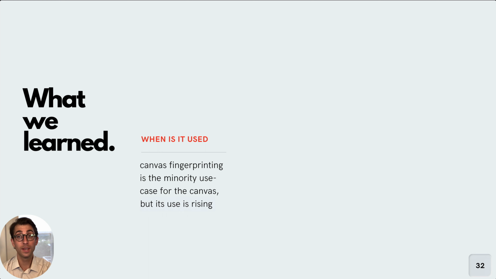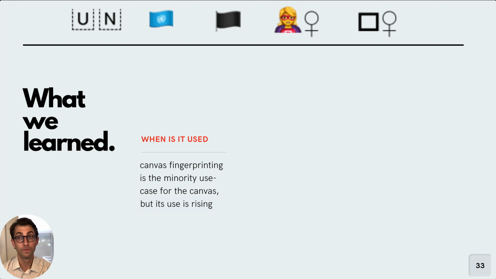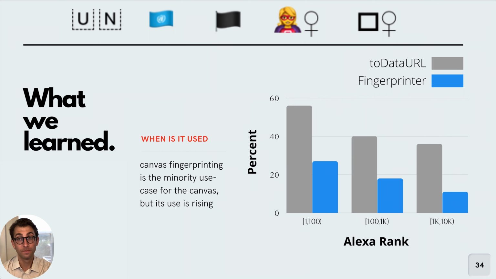Firstly, the canvas is not a tool used exclusively by fingerprinters. In fact, the top 5 most common images, listed in occurrence from most to least, left to right, are all emojis. This non-majority use case fact becomes more obvious when you look at this information in terms of the Alexa rank.